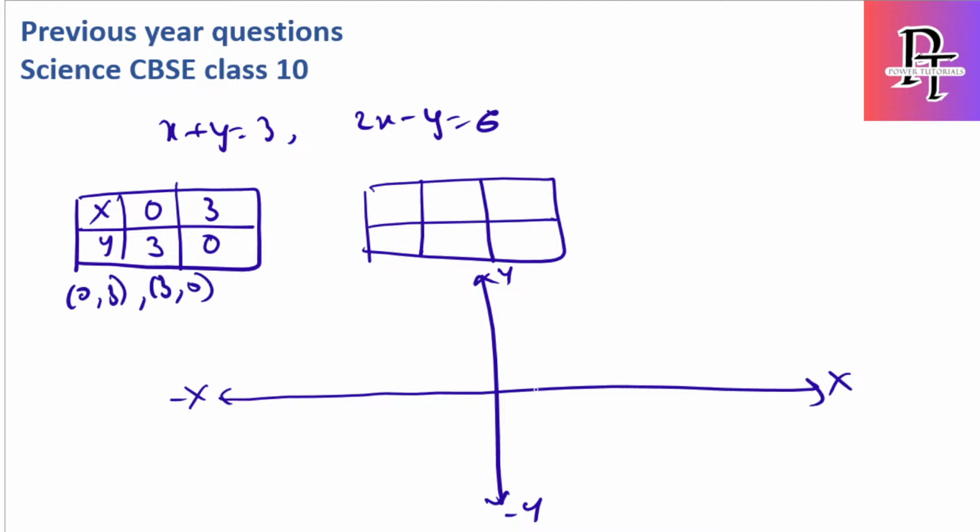So if I take the scale on the x-axis, this will be 1, 2, 3, 4, 5, and here minus 1, minus 2, minus 3, minus 4, minus 5. Let's take it as 2, 4, 6, minus 2, minus 4, minus 6.